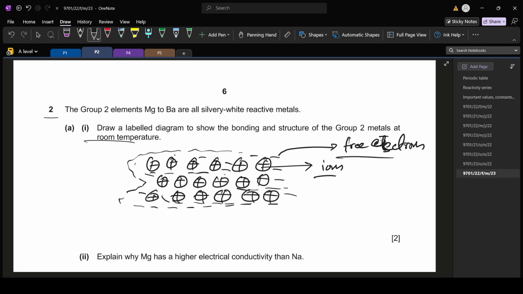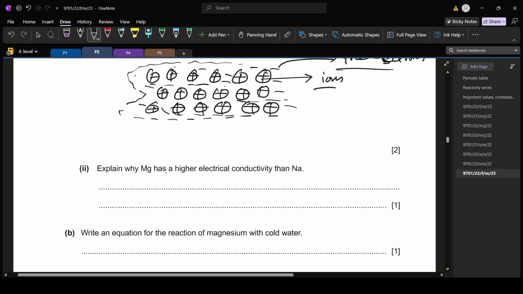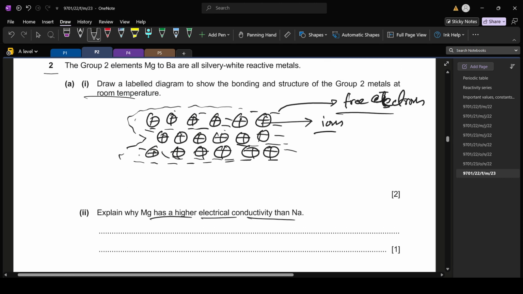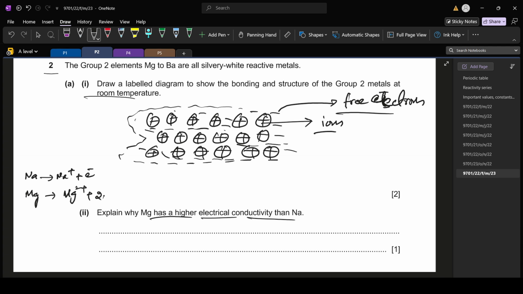Now explain why magnesium has higher electrical conductivity than sodium. If you see, when sodium forms an ion, it forms Na+ plus 1 electron, and when magnesium forms an ion, it forms Mg2+ plus 2 electrons. So each magnesium atom loses 2 electrons, and each sodium atom loses 1 electron.